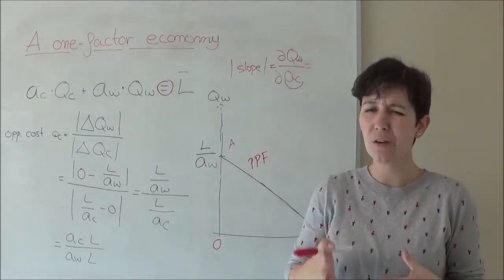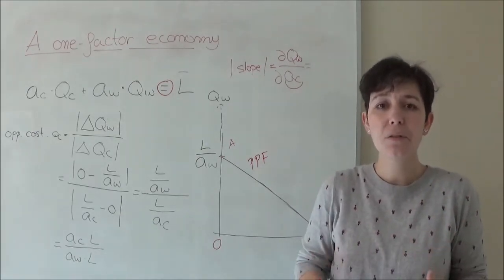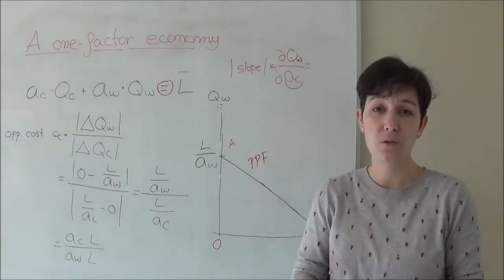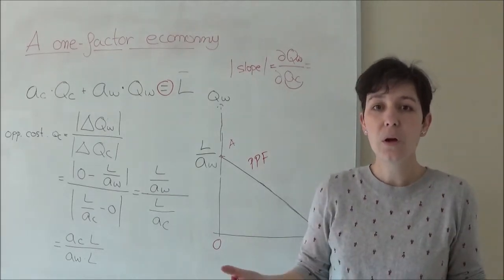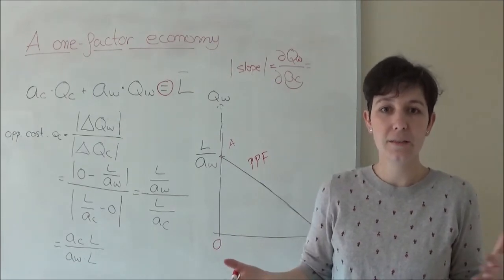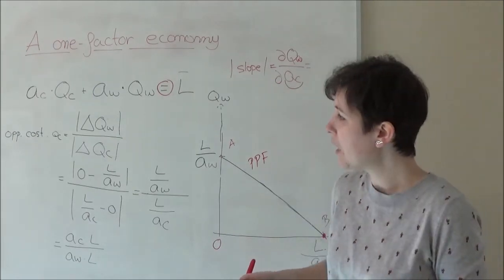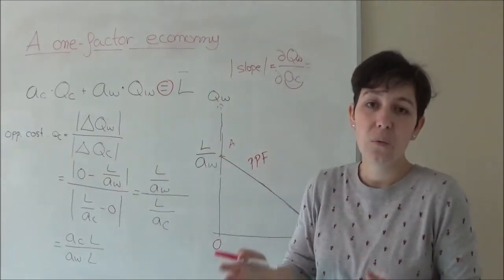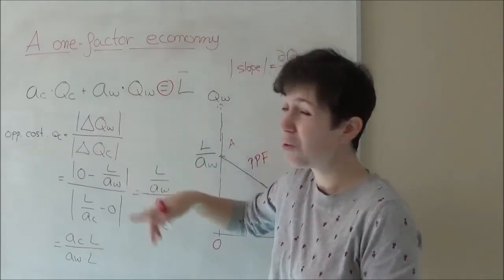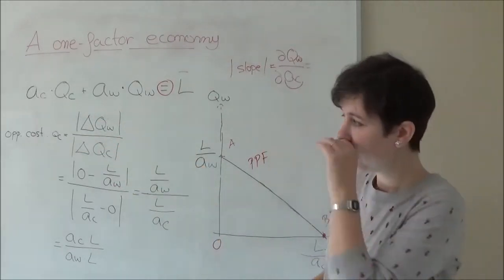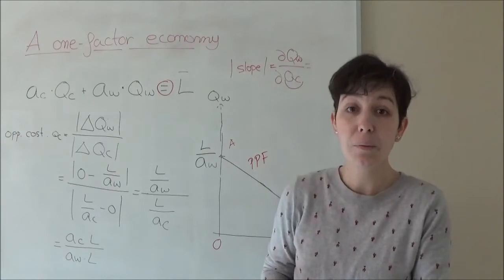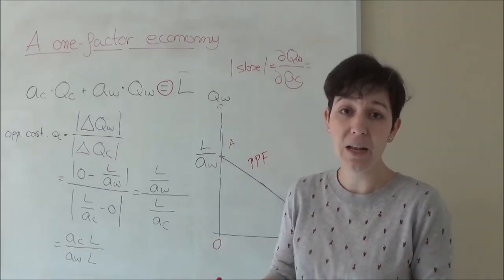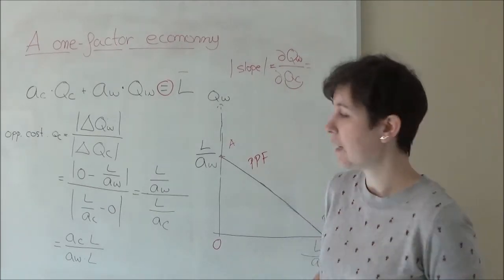Just keep in mind cost is already negative, so when we are talking about opportunity cost, it is if you increase something you reduce the other thing. So in a certain way we are saying negative signs there. There is a minus there, okay? So here let's say opportunity cost, so it's the slope but in absolute terms, so without the negative sign. If you're talking about the slope, it's with a negative sign. If you're talking about opportunity cost, it's the same value but without the negative sign, okay?